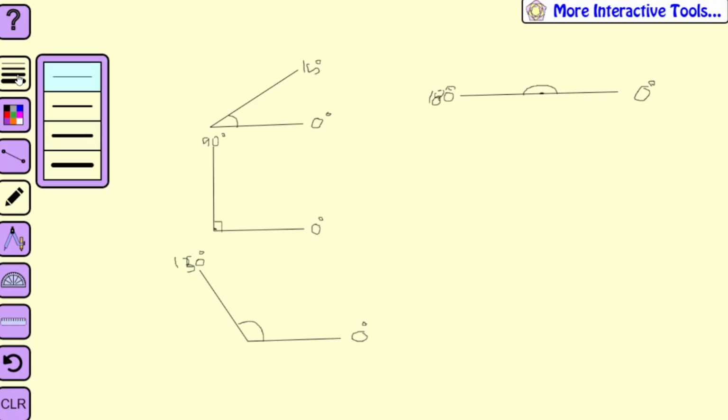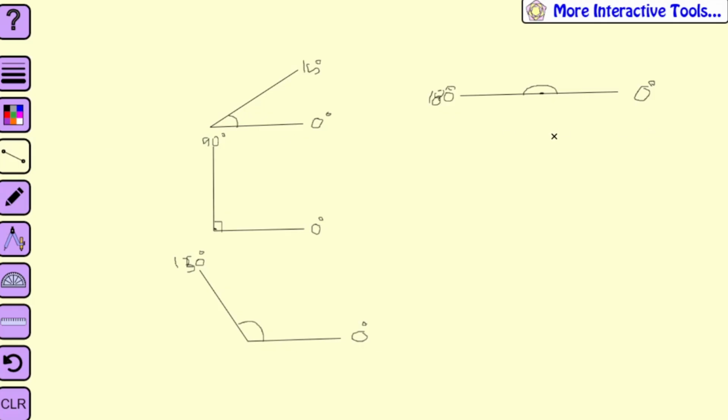Then we have an angle that is greater than 180, but it is less than 360. This angle is called a reflex angle. So it goes from 0 past 180, which would have been a straight angle, and it goes below, but it is less than 360.